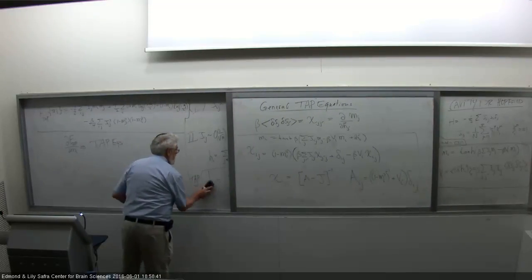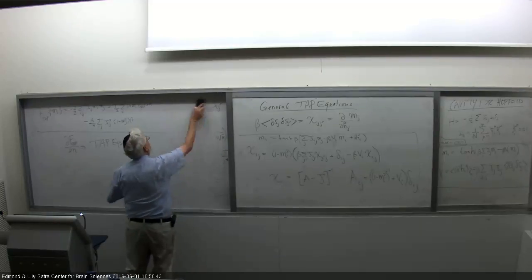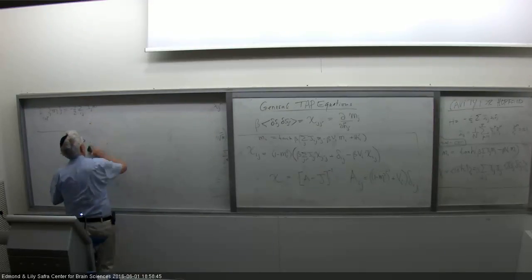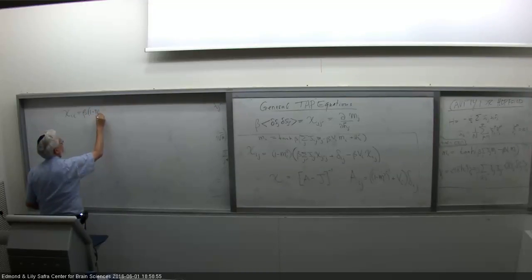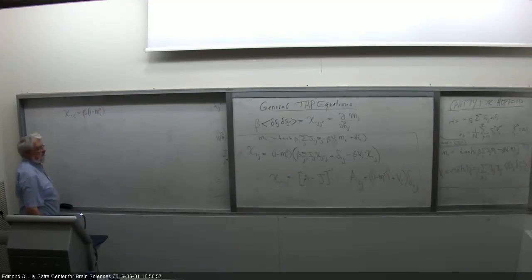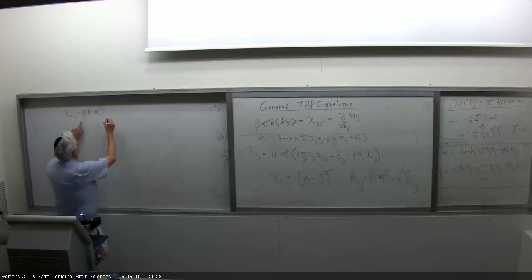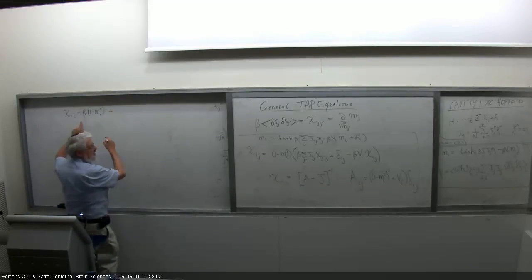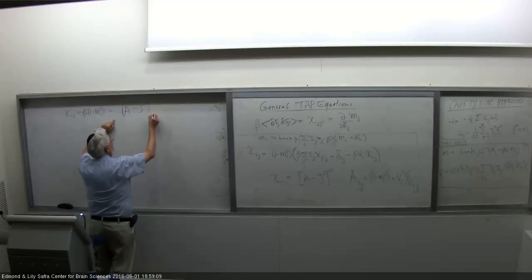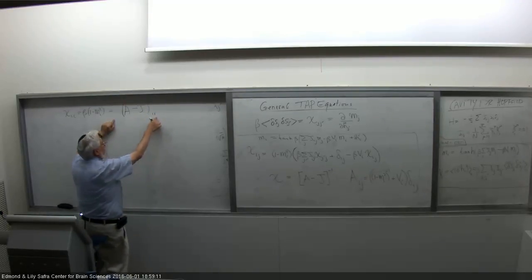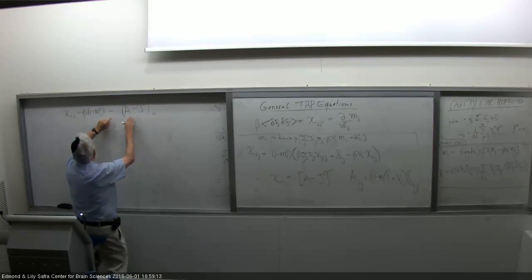However, we know something. In the Ising model at least, we know what the diagonal elements are, because chi ii has to be equal to beta times 1 minus mi squared in an Ising system. So we can write down n equations, which is that the ith diagonal element of the matrix A minus J inverse has to be equal to this.